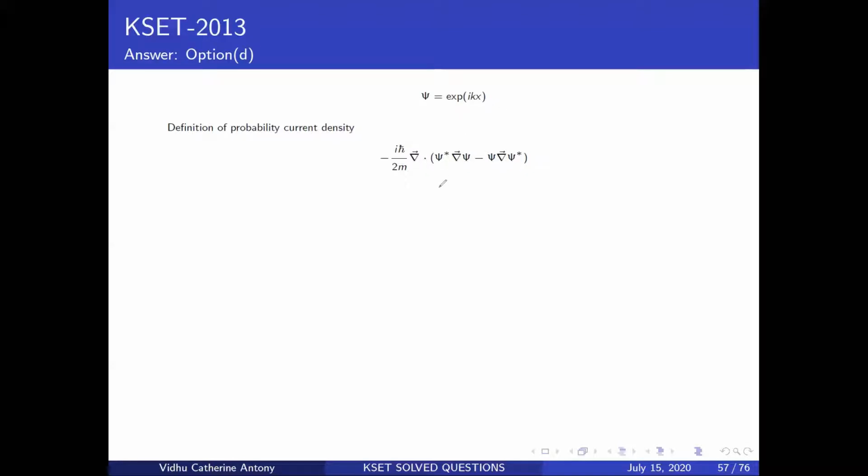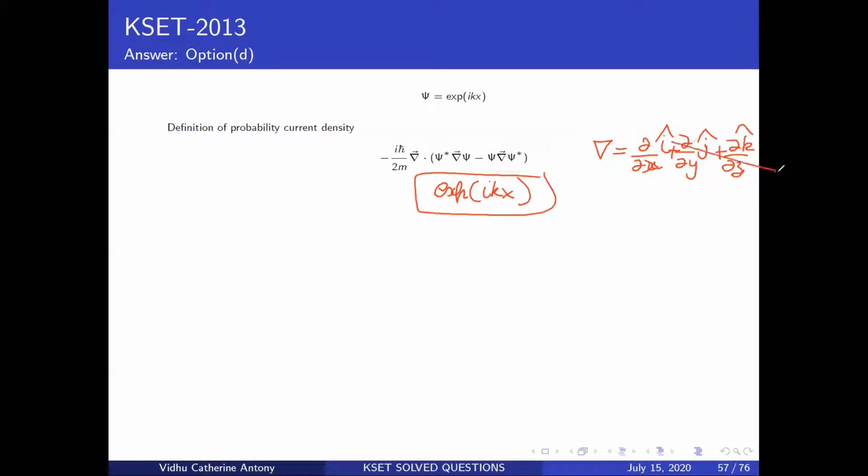You substitute your value here and take the derivative. So what is your del basically? It's dou by dou x i cap, plus dou by dou y j cap, plus dou by dou z k cap. You substitute that and apply it here.